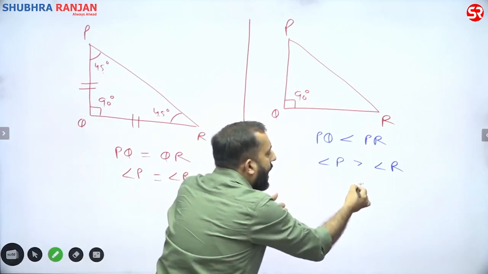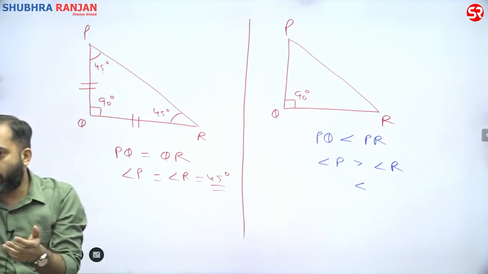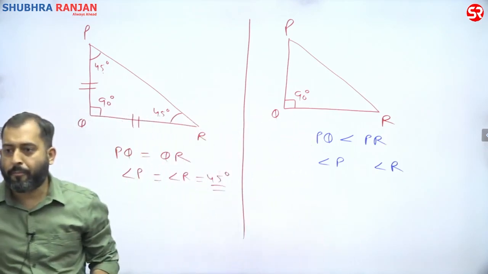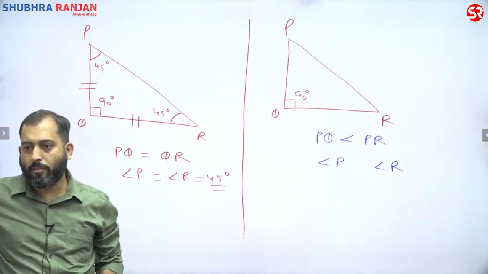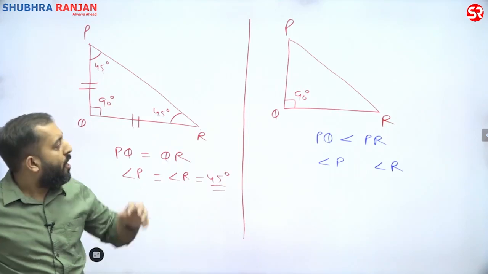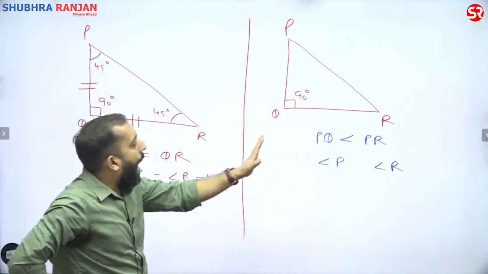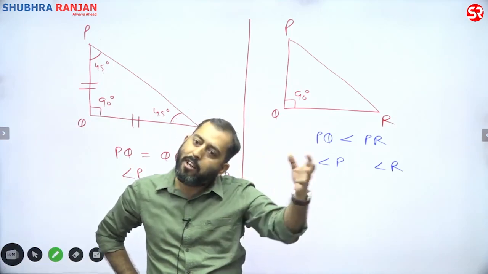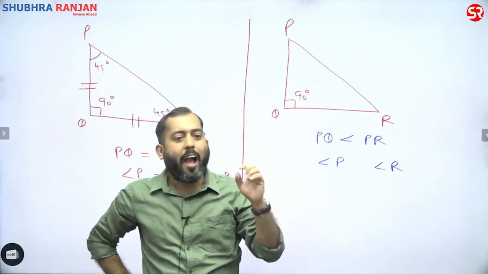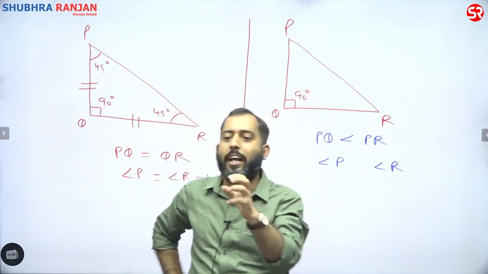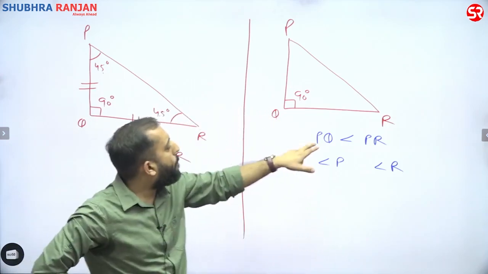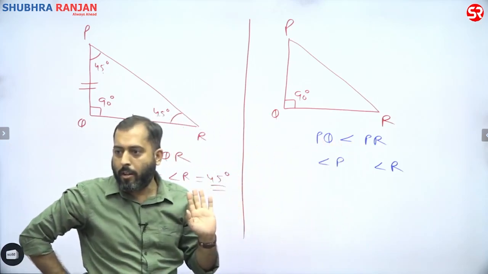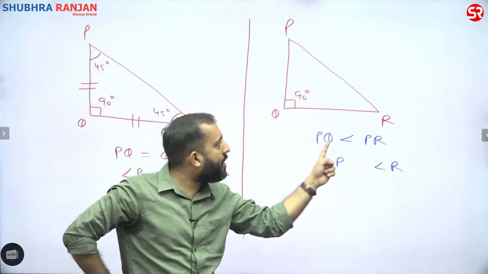Is angle P lesser? Now, do remember, the angle opposite to the longest side is largest. Out of PQ and PR, which one is larger?